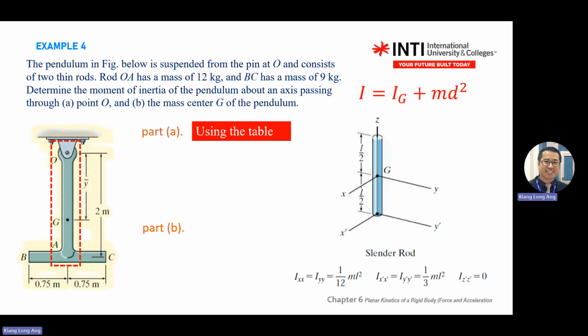Which one are you using: Ixx, Iyy, Ix prime, or Iz prime? If you want to solve for point O, where's your point O? Here. Where's your object? You look at the object here. The question does not ask you for G, so don't look here. Ignore X, ignore Y, ignore Z already.